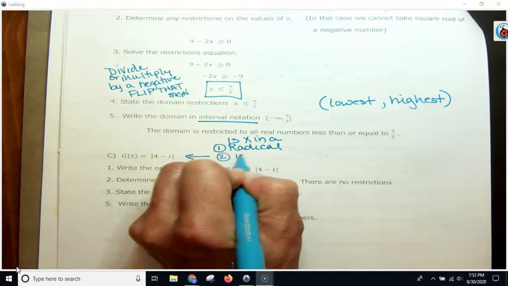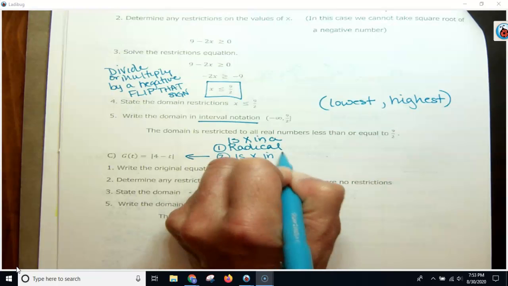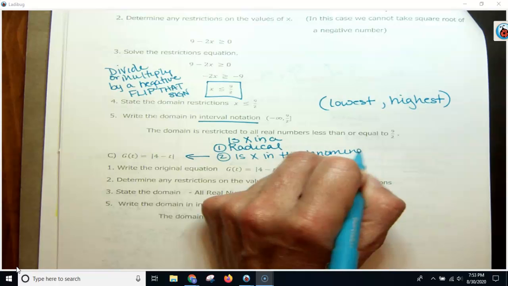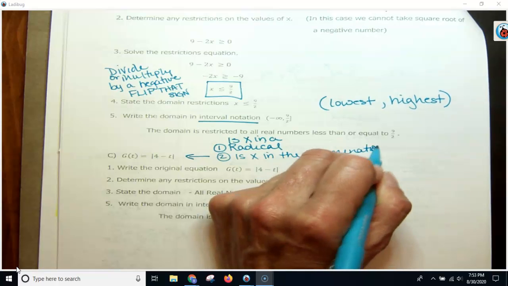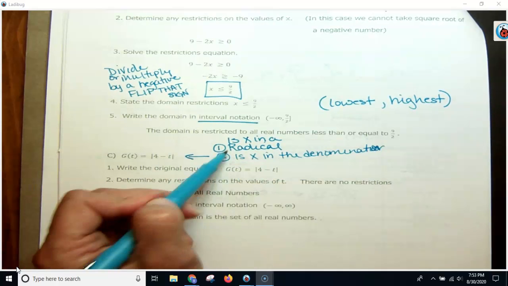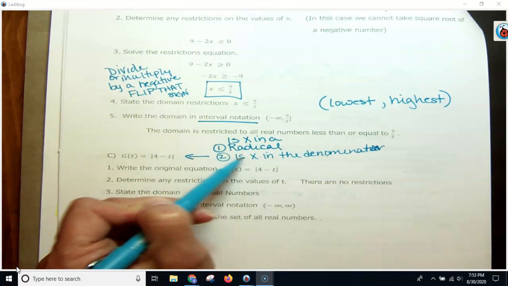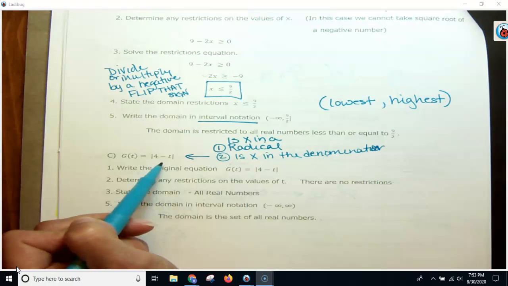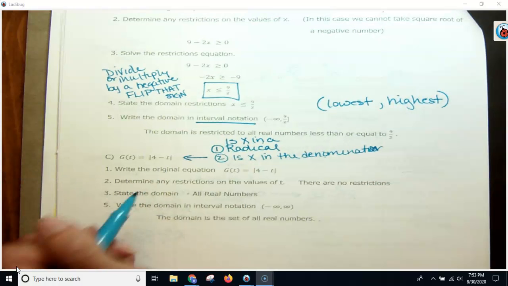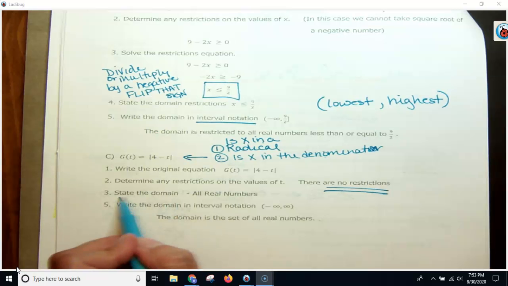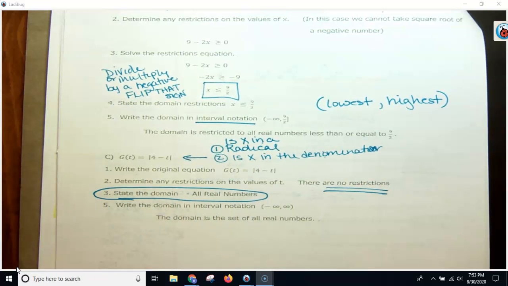Or is x in the denominator? Is x inside the radical? No. Is x in the denominator? No. So then there's no domain restrictions. No restrictions. All right. So then the domain is all real numbers.